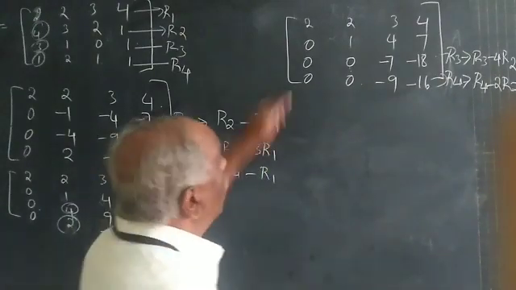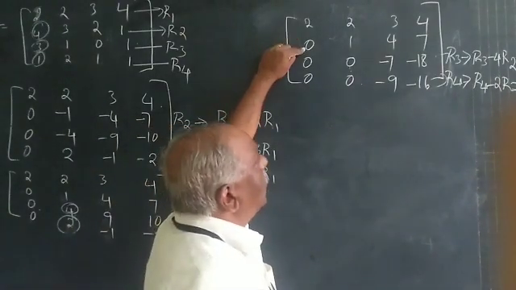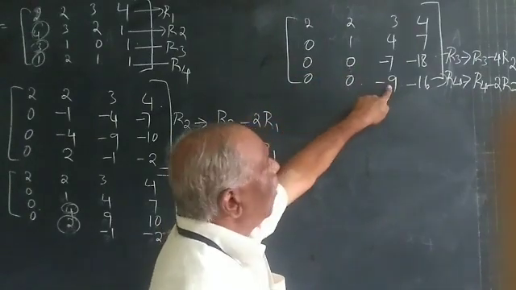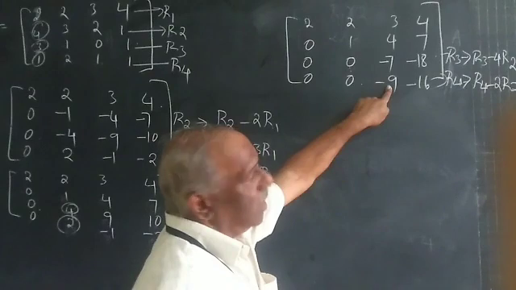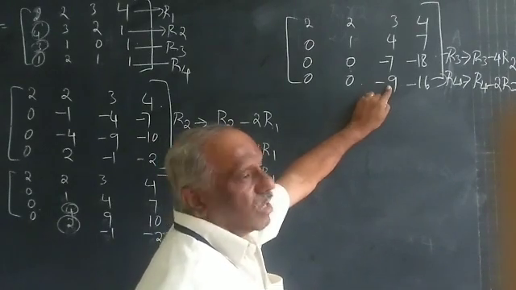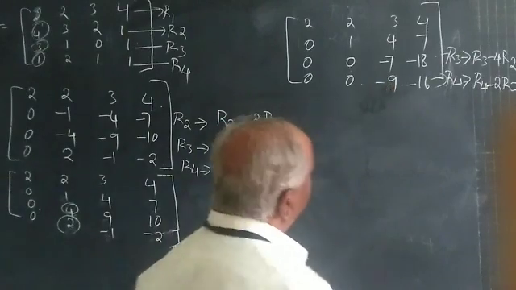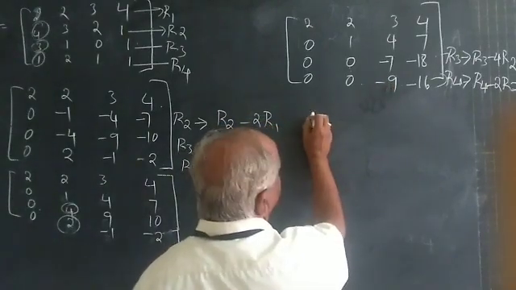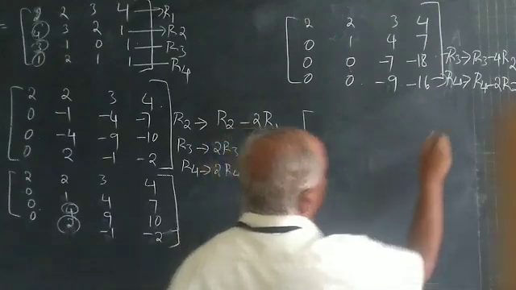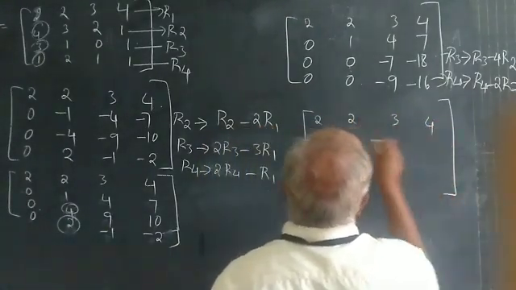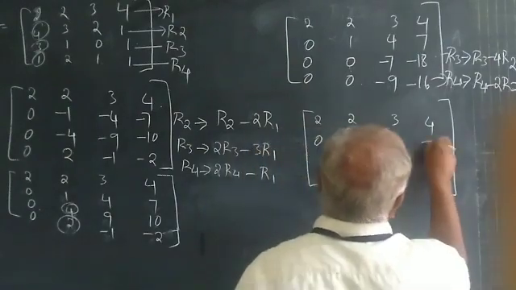Now, first row no alteration, second row first element should be 0, third row first 2 elements should be 0, fourth row first 3 elements should be 0. 10th row, first 9 elements should be 0. So if I want to reduce minus 9 to 0, before reducing to 0, I write this as 2, 2, 3, 4, 0, 1, 4, 7.